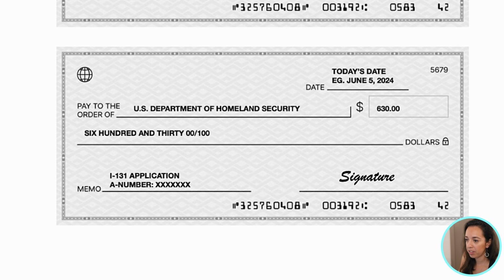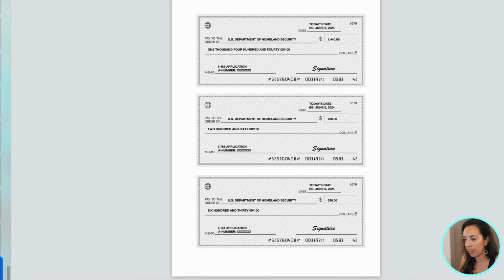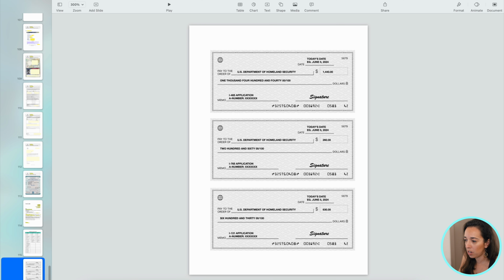The third check for the I-131 application should be made payable to the amount of $630.00. These checks should be placed on top of each corresponding application.